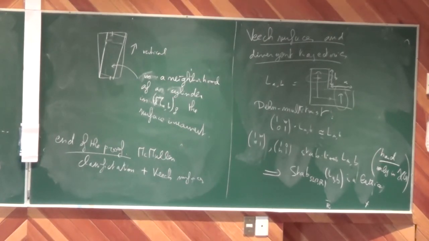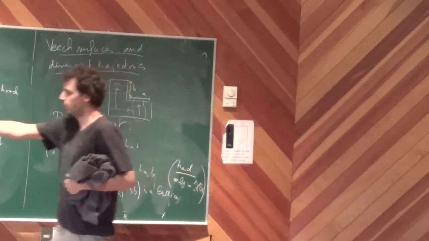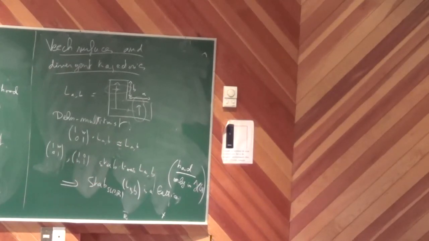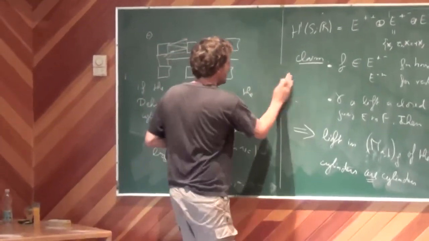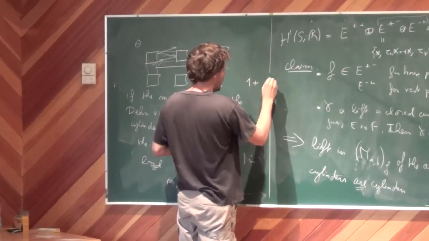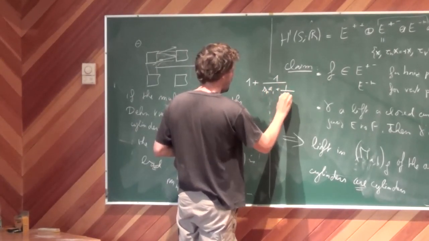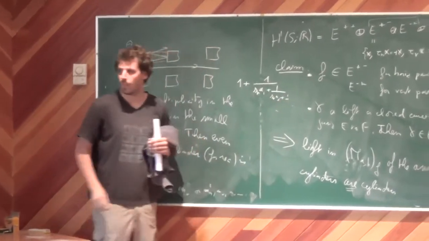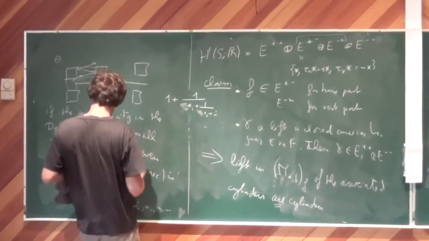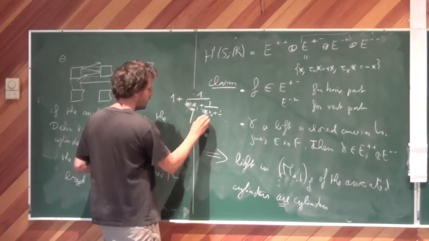And what is the uppercase lambda you were talking about? This is the limit set of those two guys. And this is very concrete actually. This is exactly the set of real numbers that you can write in the form 1 plus 1 over H plus 1 over V plus..., it's like continued fraction stuff, where H and V are as you see there, and A1, A2 are integers, any integers.